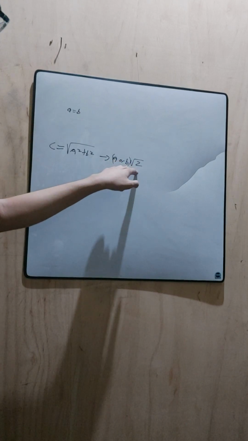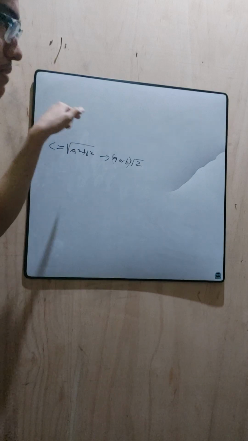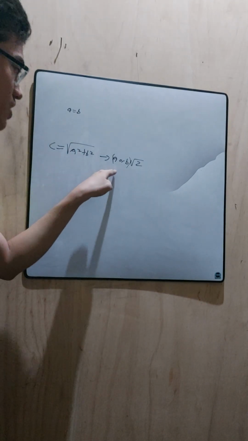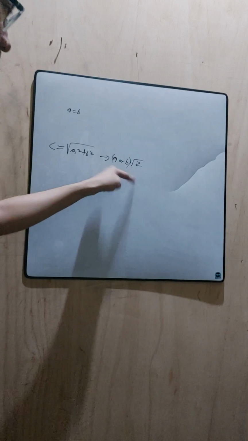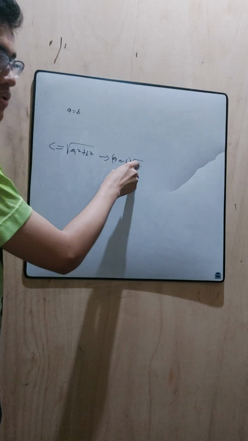I said a or b because a is equal to b and b is equal to a. They're going to be the same thing, so it will always yield this multiplied by the square root of 2.